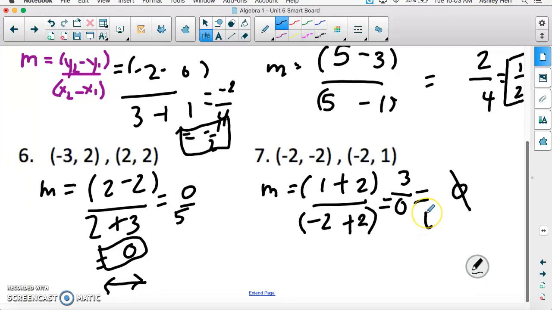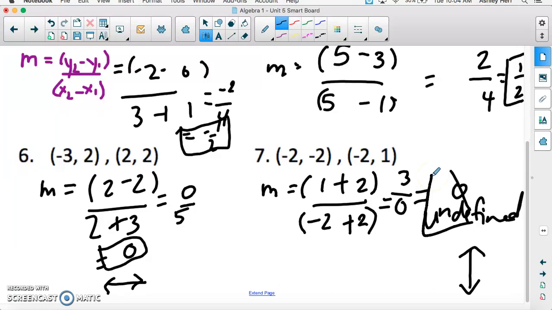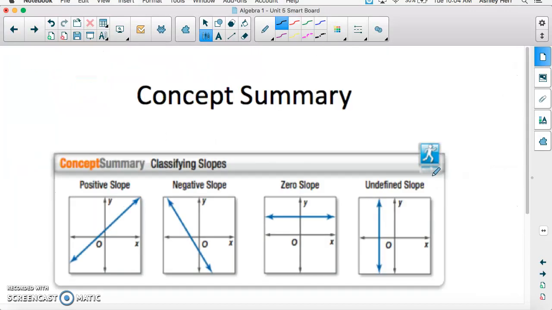So if our slope is undefined, that means we have a vertical line. A vertical line would not pass the vertical line test, right? So that means that we do not have a function. Everybody understand that? So when the change in your x's comes out to be 0, then your slope is undefined.